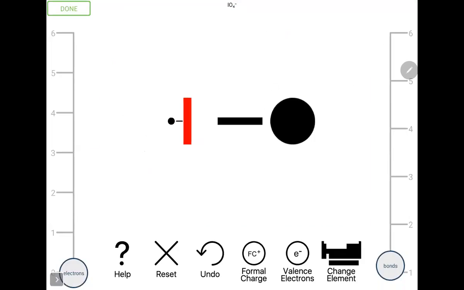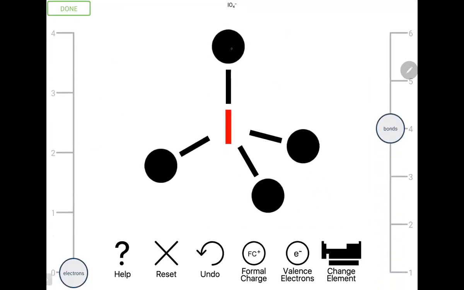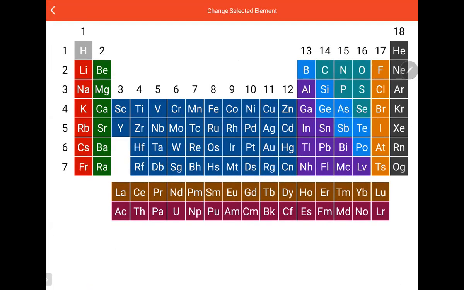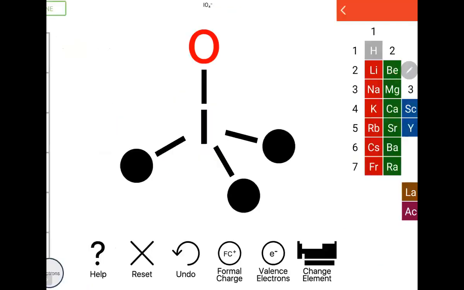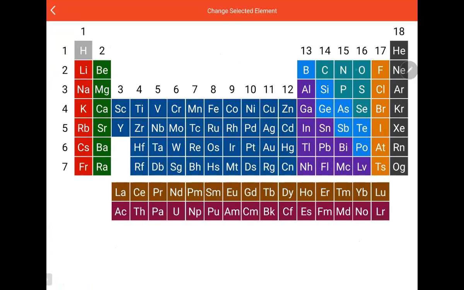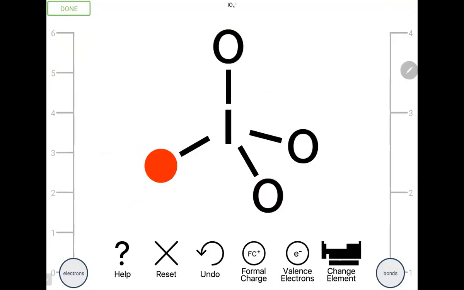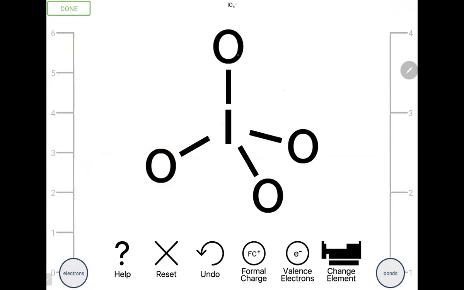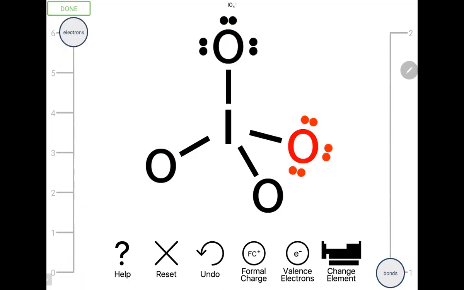I'm going to give it 4 bonds. Now, if I give each of these 6 valence electrons, right, so this is my process.